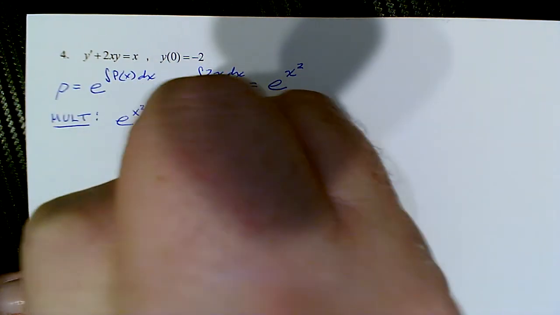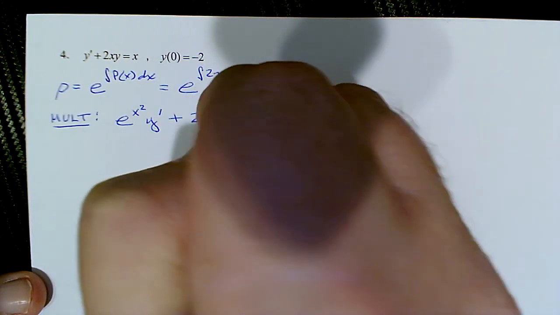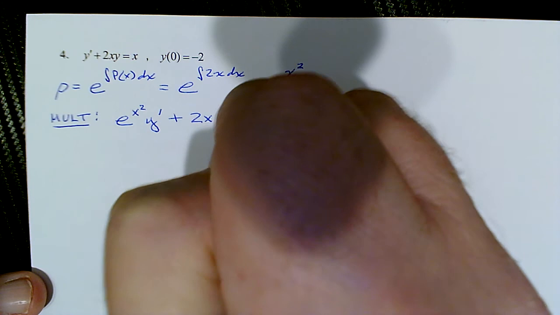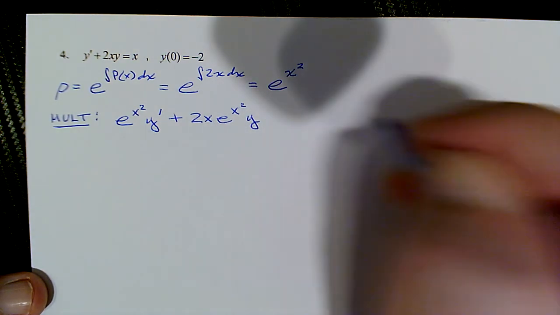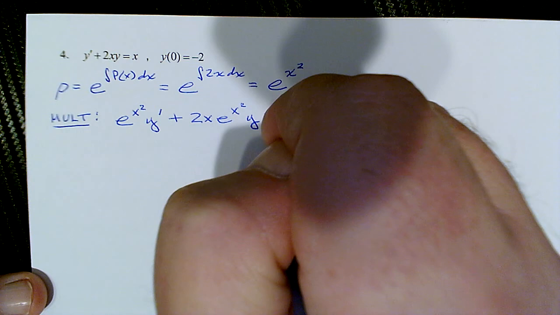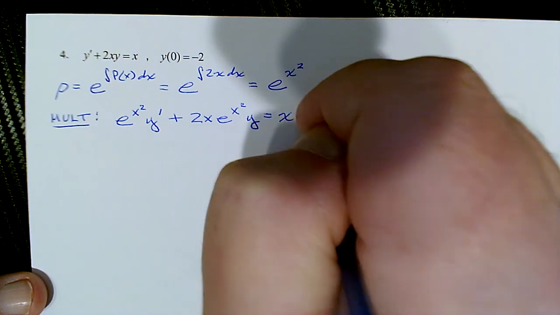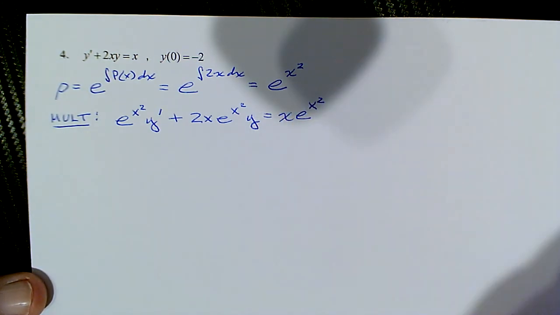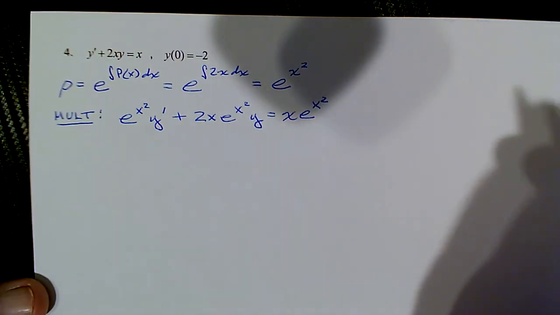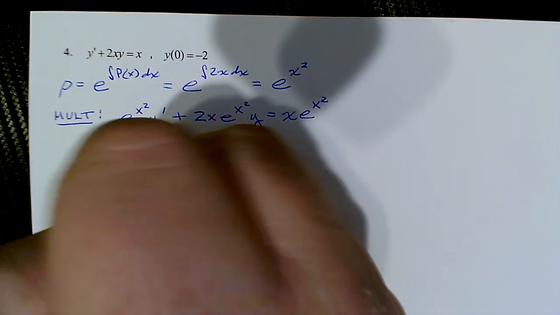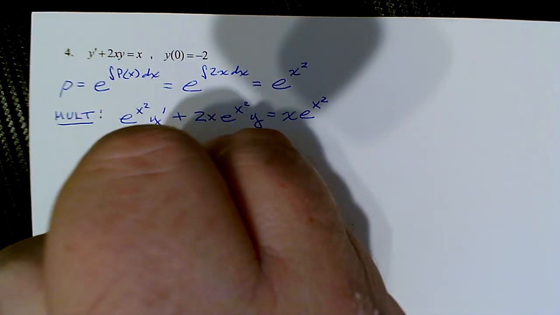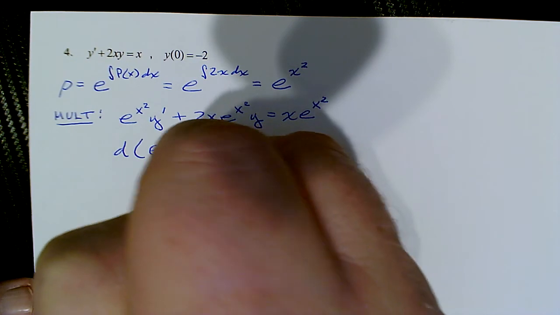So e to the x squared y prime. I'm going to slide the e to the x squared in after the 2x in the second term there. So 2x e to the x squared y equaling, and then on the right, x e to the x squared. Okay, the left-hand side again is the derivative of the product, in this case the integrating factor e to the x squared times y.